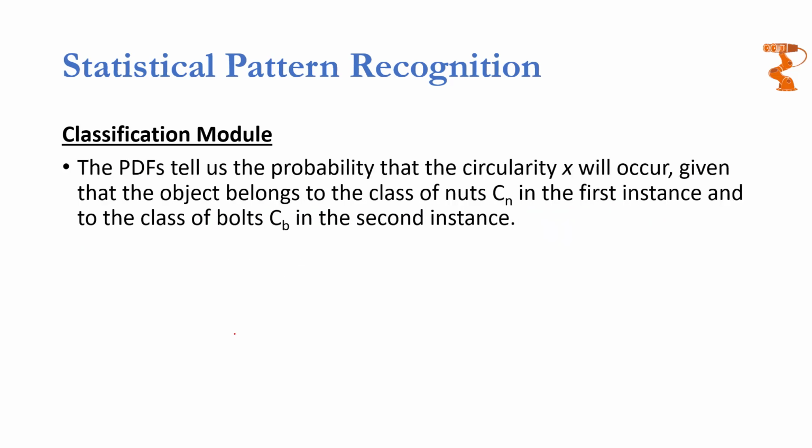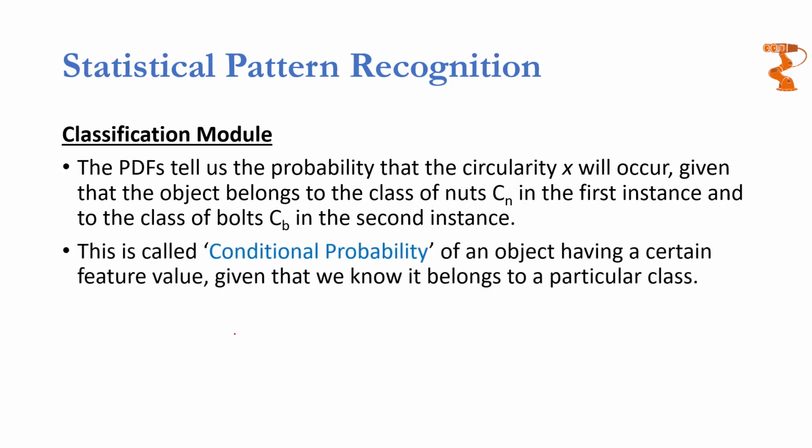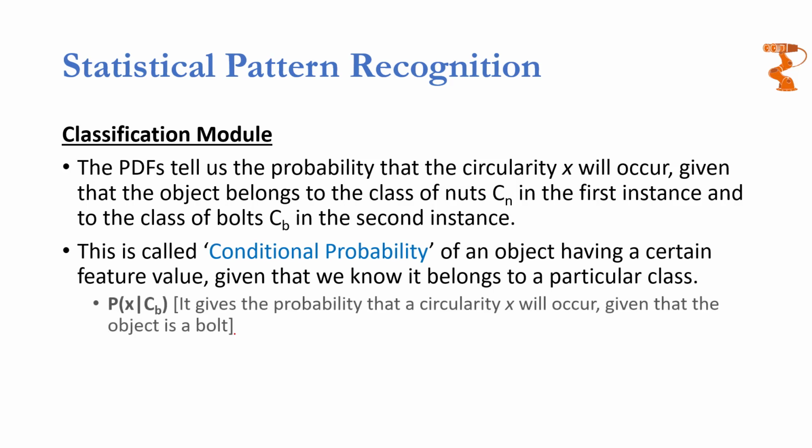The PDF will represent the probability that a feature value will occur given it belongs to a particular class. That is, probability of X given class of nuts, or probability of X given class of bolts. In technical terms, this probability is called conditional probability.